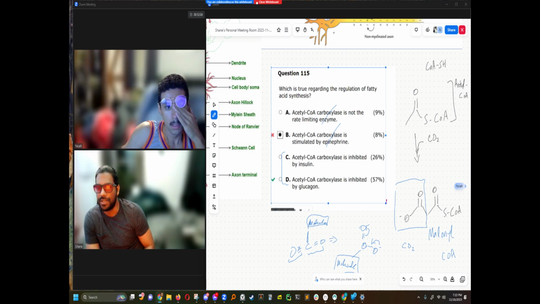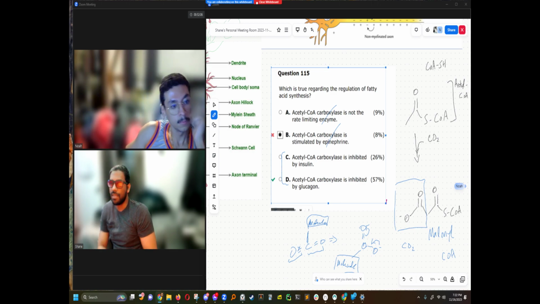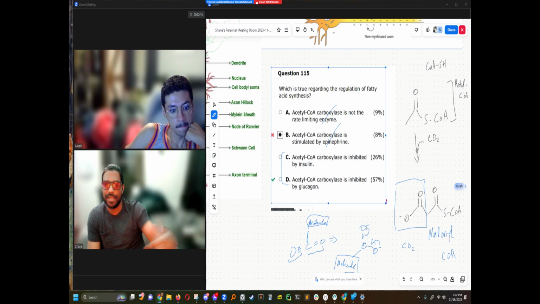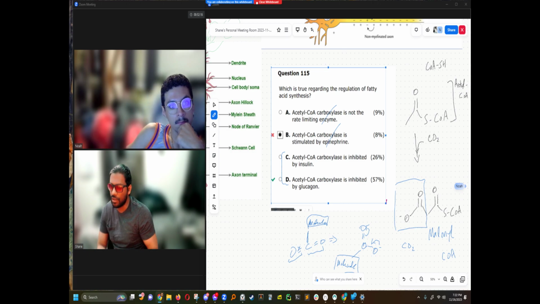Yeah, because glucagon is released when you have low blood sugar, and it's going to basically raise the amount of blood sugar. That's what the glucagon is responsible for. And if you're increasing the amount of blood sugar, you're not going to be producing fatty acids.